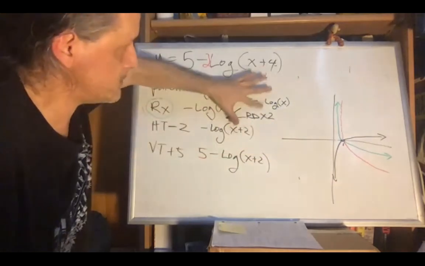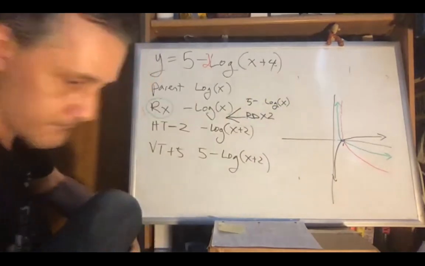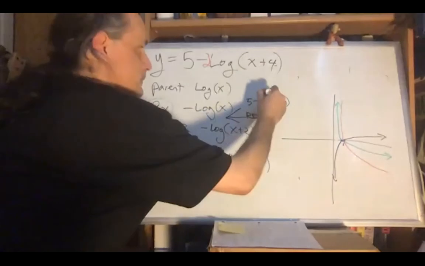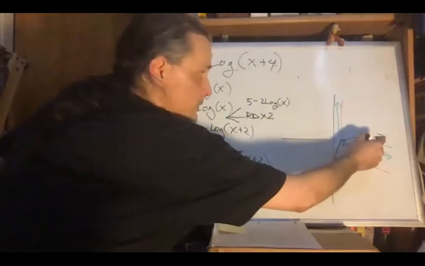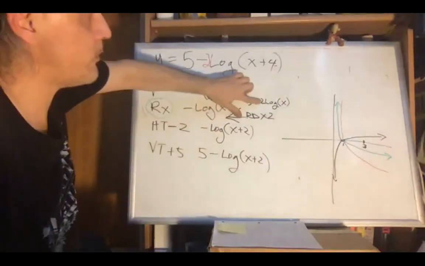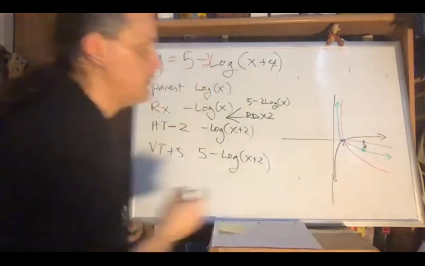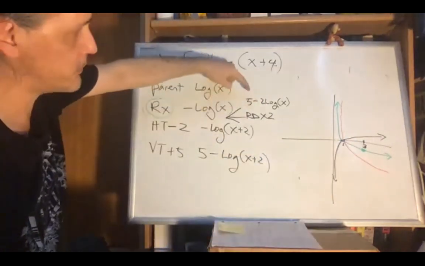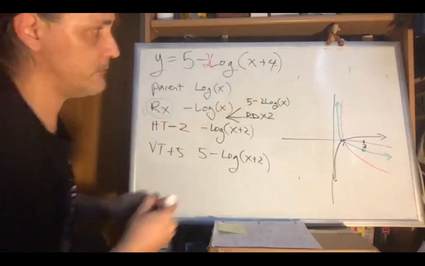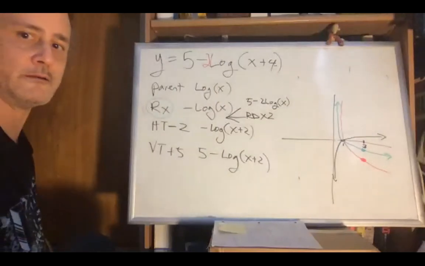So originally it wasn't doubled. It was the same log x. Now it's twice as much. Okay, there it is, sorry. All right, so that means, say here, this is 3. Well, before we multiplied by 2, that would have been here. But after we multiplied by 2, we're going to subtract much more from the 5. So that's now here.